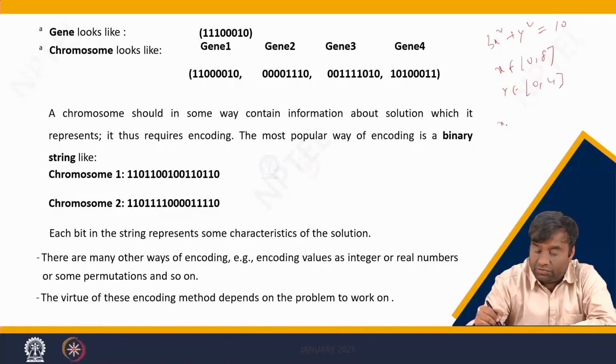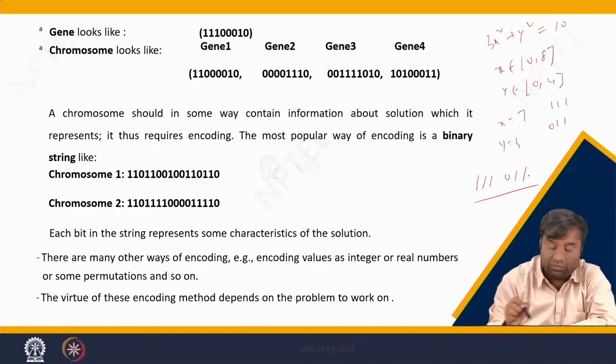We assume x equals 7 and y equals 3. 7 in binary is 1 1 1, and y equals 3 in binary is 0 1 1. So 7 and 3 are the genes, whereas 1 1 1 0 1 1 is a chromosome.